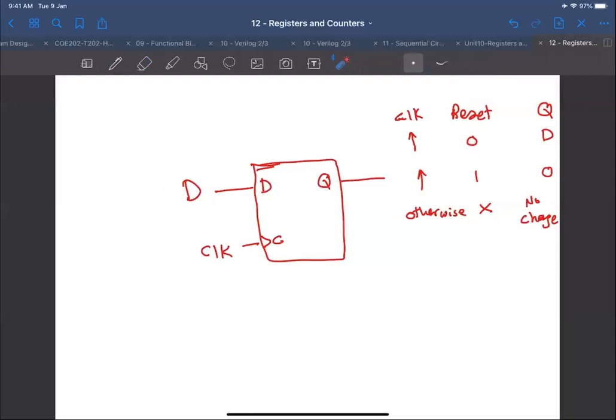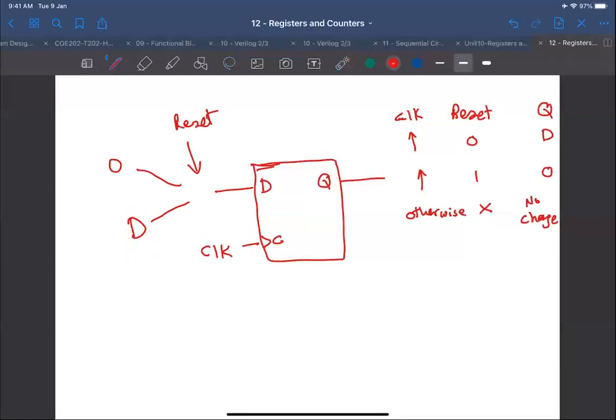Okay, so who can tell me how we can implement this functionality here? So we have to control the D input here. So we either have D or 0 depending on the input reset, right?